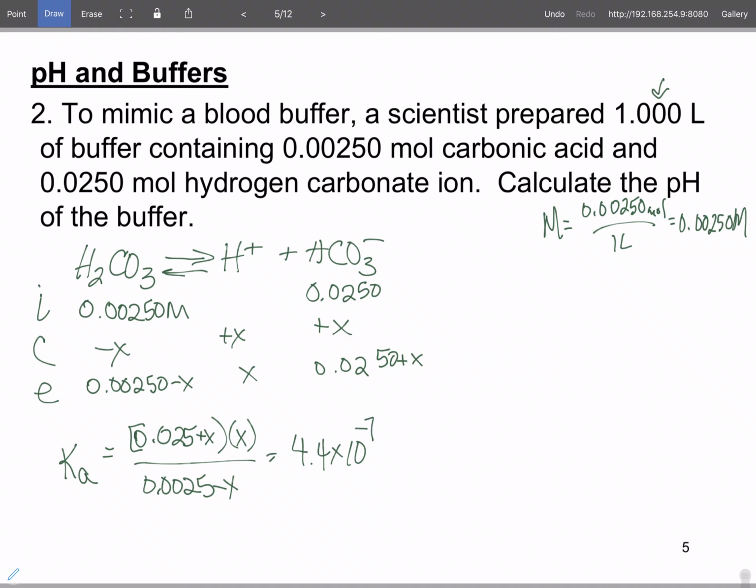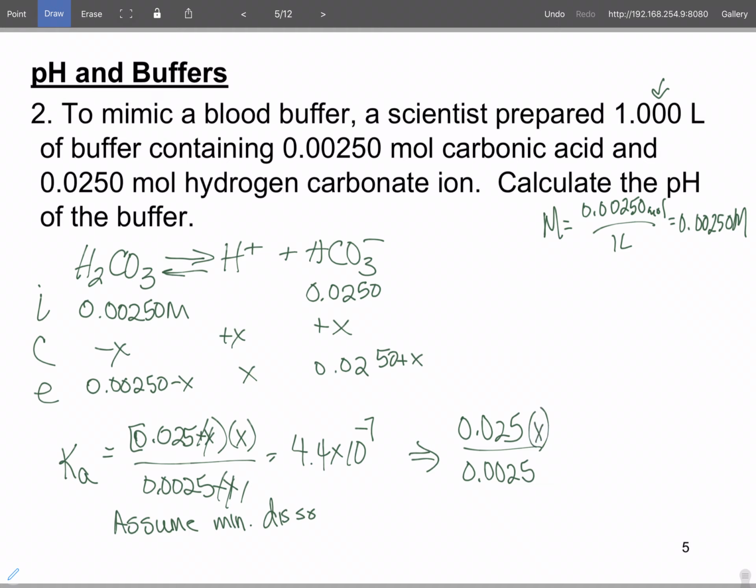And since we've got more of the product than we have the reactant, we're going to assume minimal dissociation. So we end up getting rid of this X and this X. So we end up with 0.025 over 0.0025.